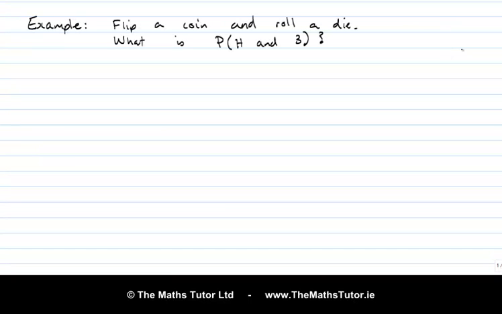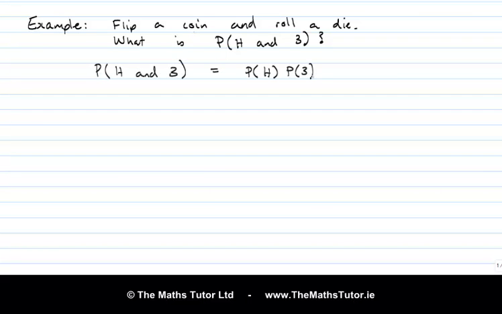So let's say that we flip a coin and roll a die. We might ask, what's the probability of getting heads and 3? So what's the probability of the event of the coin showing heads and the die showing 3? These two trials are independent, so we can apply our multiplication rule to calculate the probability of the compound outcome.